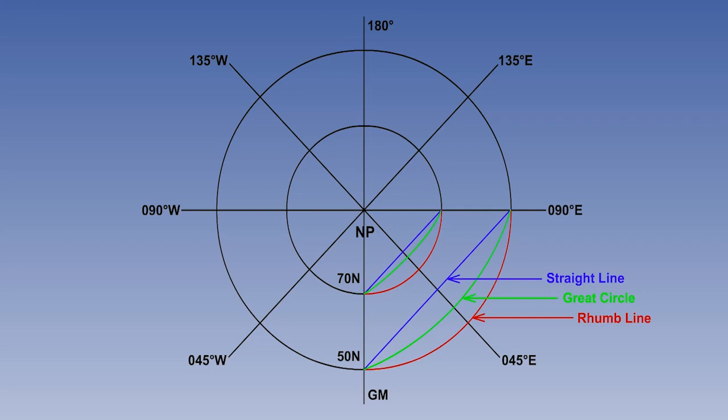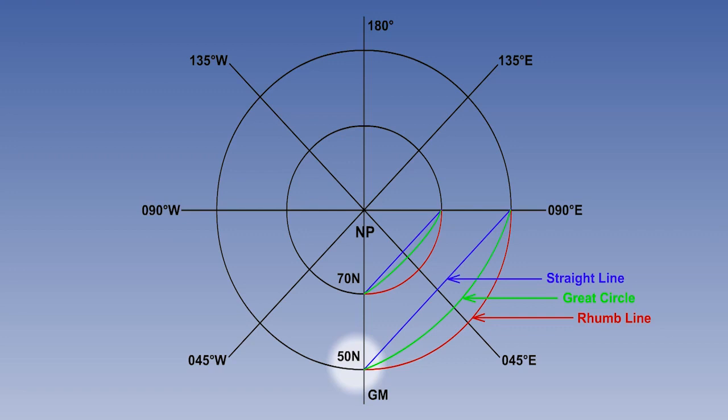It shows 3 lines at 50 north and 3 more at 70 north. The blue represents a straight line on the chart. The green lines are great circles. And the red ones are Rhumb lines.